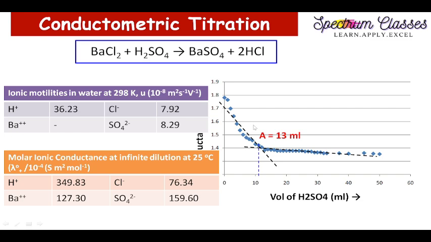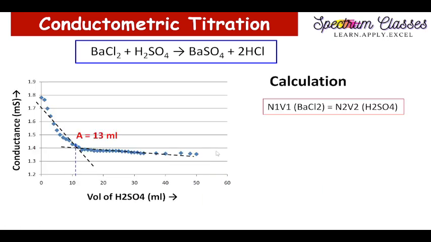Therefore, the ionic conductance value may not change. That may be the reason. Apart from that, I have seen one of the titration results of Na2SO4 with BaCl2, and they get this kind of result only.